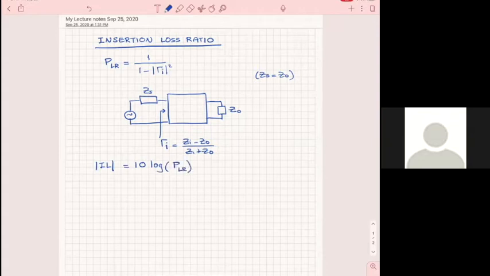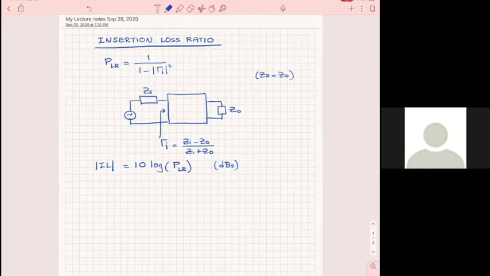You're going to see it in dBs, and that's what everybody is using. When you start in filter design and people are communicating about how a filter performs, we'll always talk about insertion loss in dBs. So we need to keep that in mind.